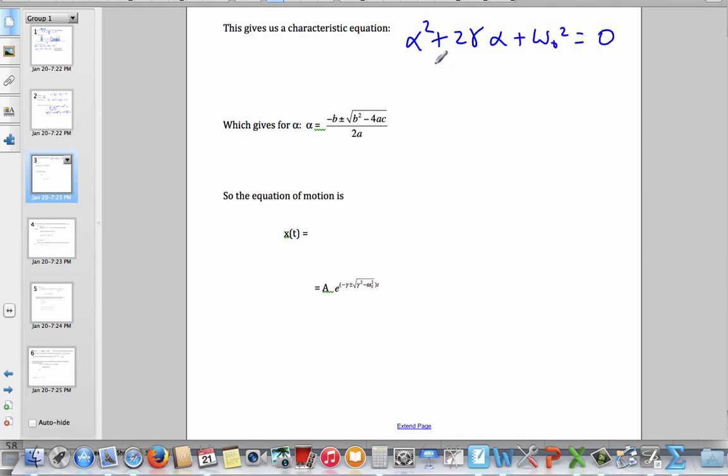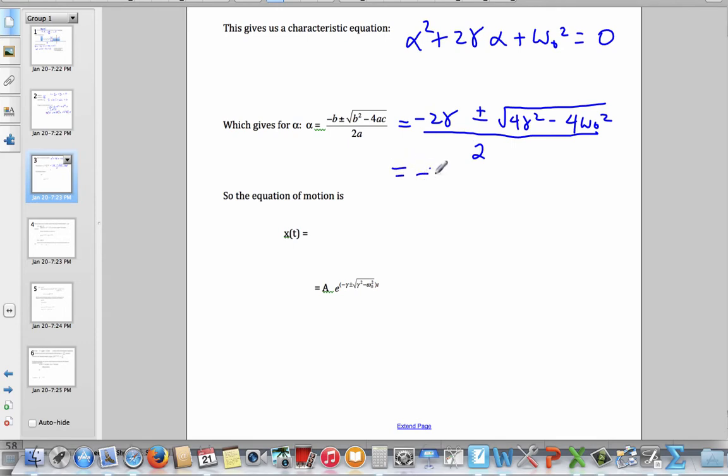And it's a familiar quadratic. So a is 1 here, and then c is omega naught squared. And then we divide by 2 times 1, which is just 2. And then both these have 4 in it, so you factor out root 4, which is 2. And then you can distribute the division, dividing this by 2 and this by 2.